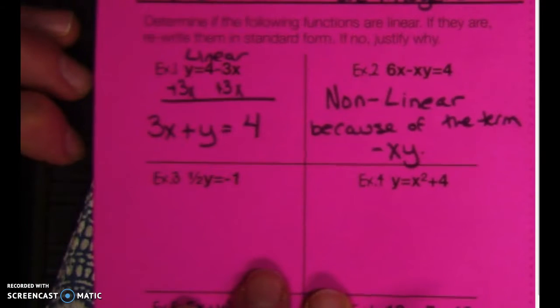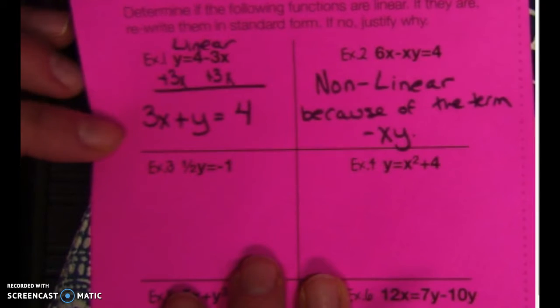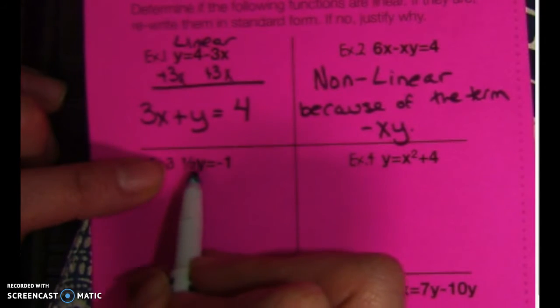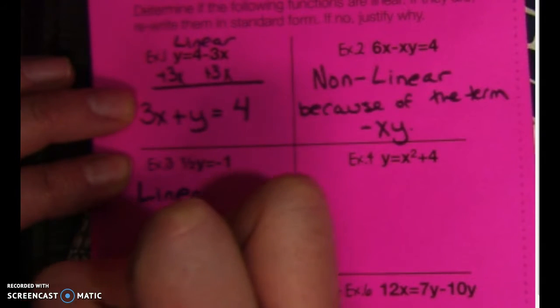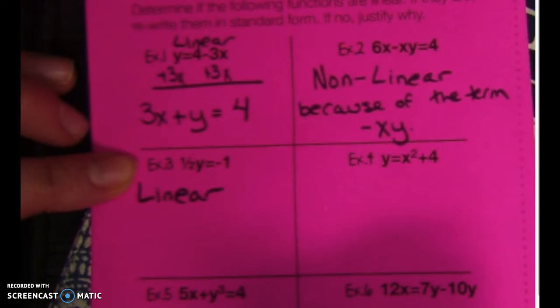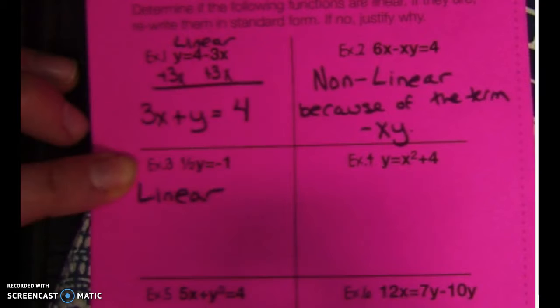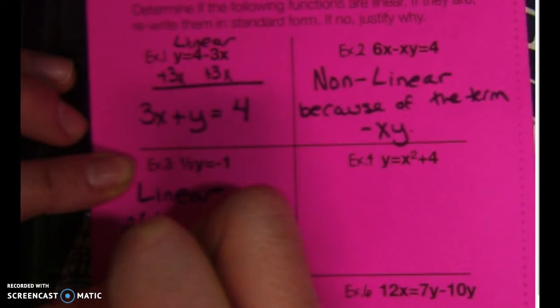All right. Now, even though I'm a fraction coefficient, I'm still going to be linear. It's just not in standard form. Okay, so fraction coefficient is okay. That still makes it linear. To get this linear, I'm going to multiply by the common denominator of 2.